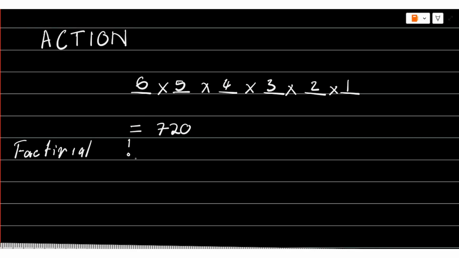And whenever you press a number and then this symbol, so what is going to happen is, let's say you take 4 factorial. So what your calculator is going to do is take this 4 and multiply it by, reduce it by 1 and multiply it by the next number. Reduce 3 by 1, multiply it by the next number. Reduce 2 by 1, multiply it by the next number. So this is what the factorial means.